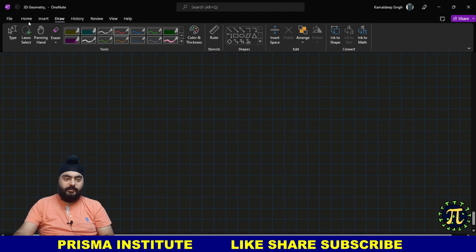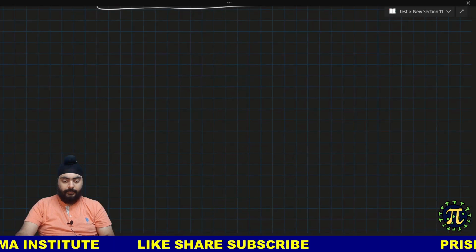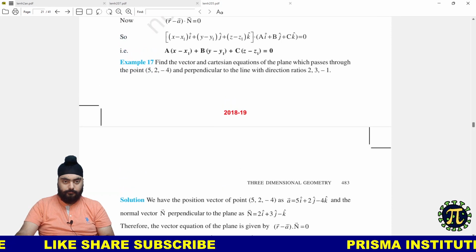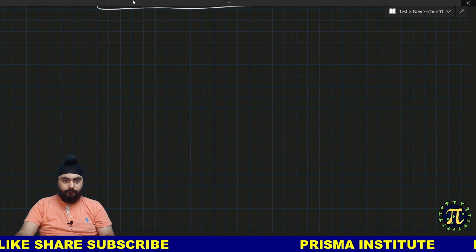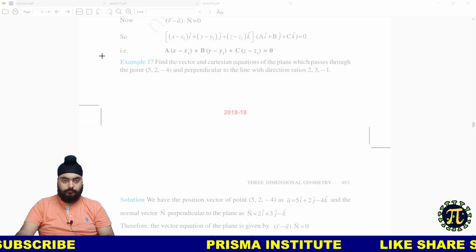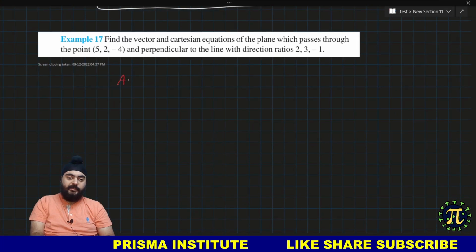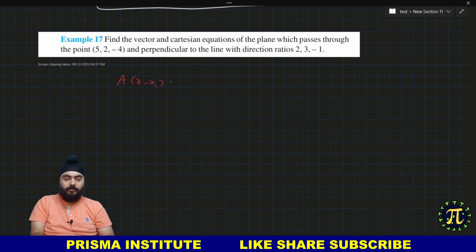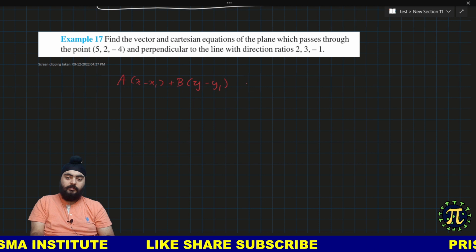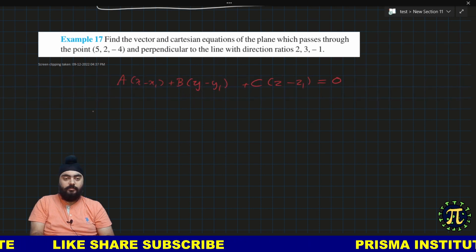So let's insert the question again. So directly it is a into x minus x1, plus b into y minus y1, plus c into z minus z1 is equal to 0.